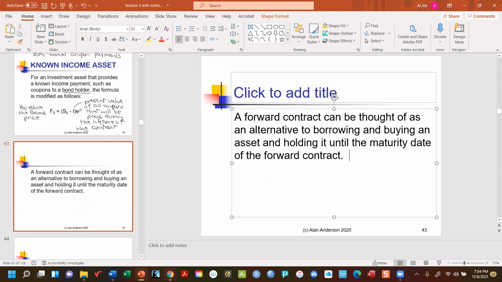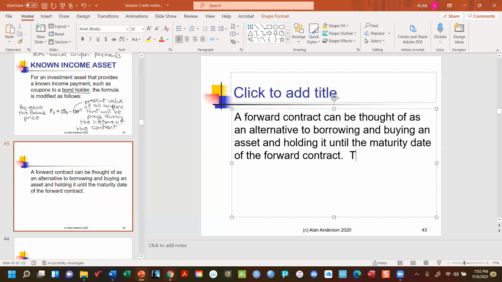In other words, if I really was worried about the price of gold, earlier I bought the forward contract, but I could have borrowed money and bought gold today and simply held on to it for 6 months as well.